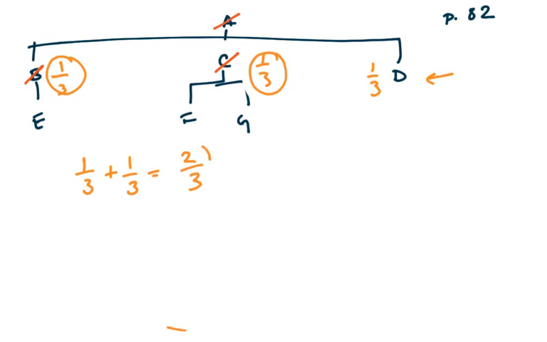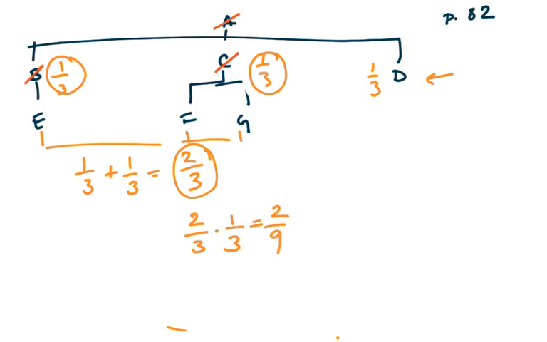Then we divide this 2/3 amongst these 3. Dividing 2/3 by 3 is like taking 1/3 of 2/3, so 2/9. That means E would get 2/9, F would get 2/9, G would get 2/9, and D would get 1/3. Let's keep going.